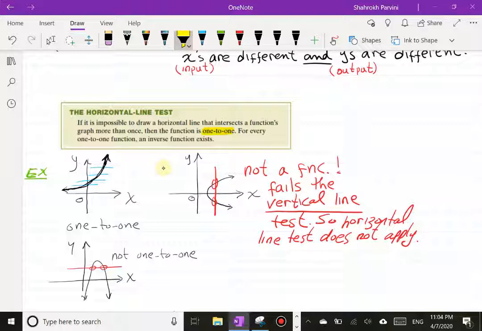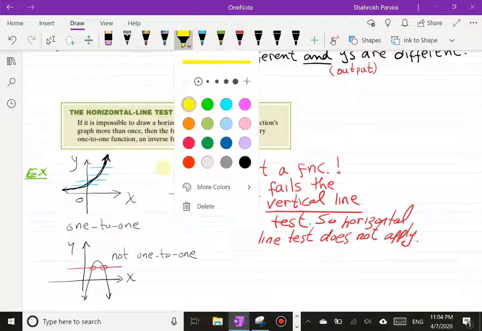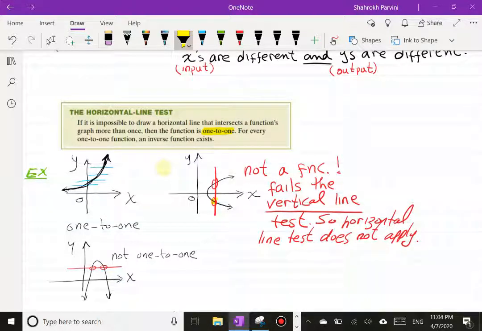Because the vertical line in this case crosses this curve at two places, what I've drawn is not even a function. If it's not a function, it doesn't make sense to do a horizontal line test for it. The prerequisite is you have to have a function. So the horizontal line test doesn't apply here.